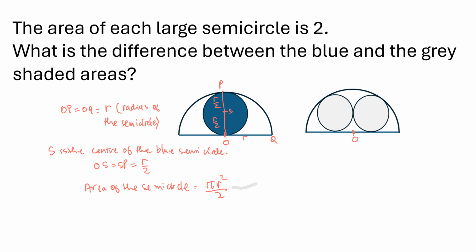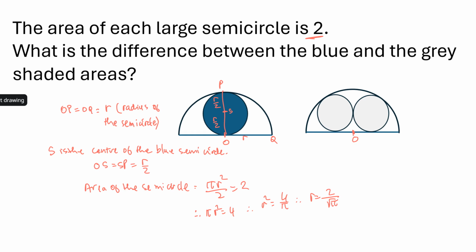Sorry, that is not 4, that is 2. The area of each large semicircle is 2. So pi r squared over 2 equals 2, because it's a semicircle. So therefore pi r squared is 4. Therefore r squared is 4 over pi. Therefore r is 2 over root pi.